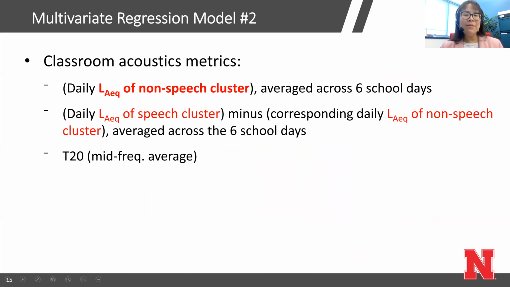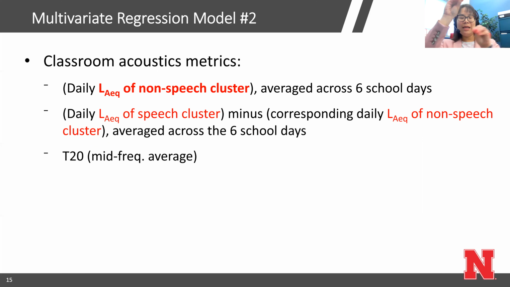So we tried a second model where we took the LAEQ instead of the L90. Again, it's of that one day, and we have 6 days, so we arithmetically average those, and we use that as a metric for non-speech. Then we thought maybe to help with matching to the ANSI standard, we could look at something like a signal to noise ratio: over that day, what was the LAEQ of the speech cluster?